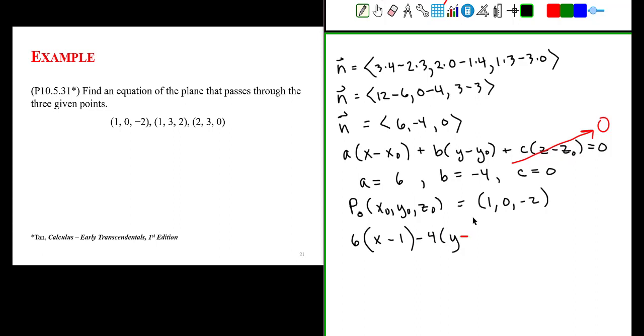Y naught is 0, so this is just simply minus 4y. There is no z term since C is equal to 0. This then is equal to 0. Here is our equation of a plane that passes through those 3 points.